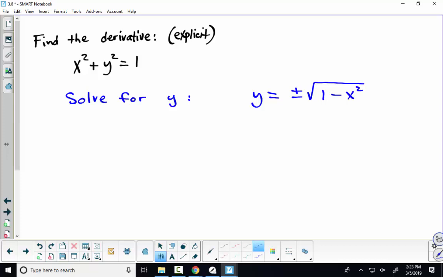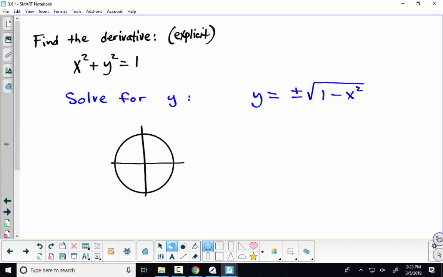So does it make sense that we have two functions of y? Algebraically, yeah, we've solved for a square, you get a plus and a minus. But in thinking about what the derivative would actually describe for us in terms of our circle, so if we have our function here, a circle of radius 1, and we look at the derivative at any point on this circle, the derivative should tell us the slope of that circle.